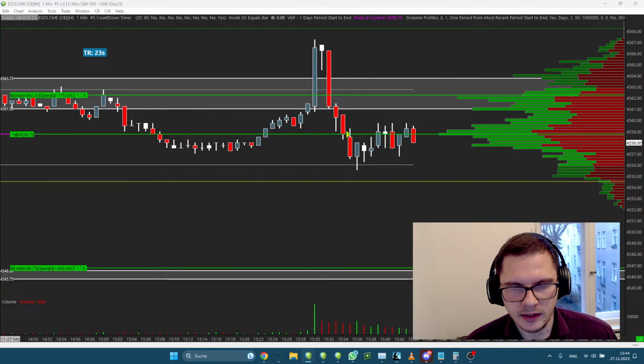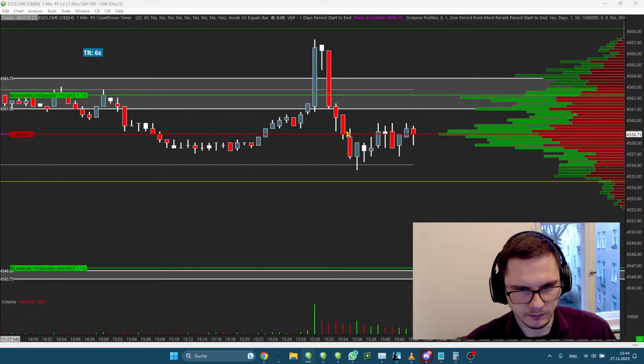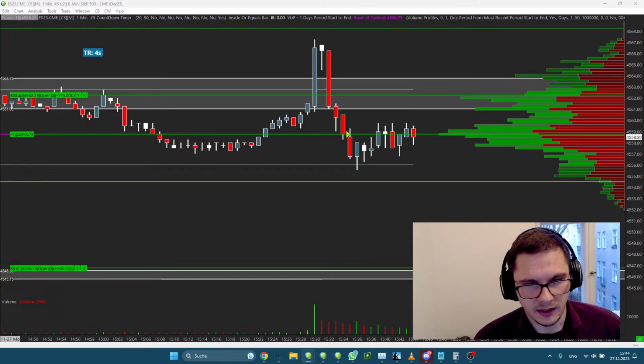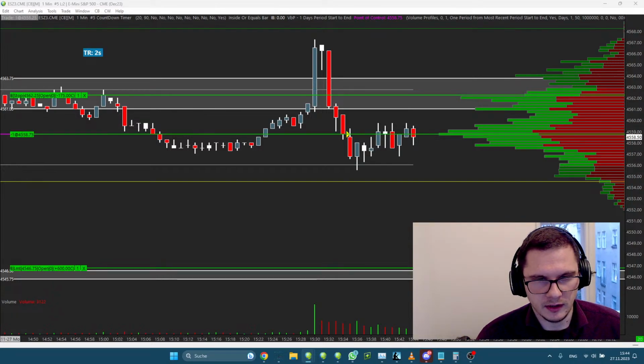Let's see, what is it? This is 45, 46.50. Usually I like to have a 5-tick difference to the next zone that I have drawn. So it's gotta be like 2.5 points, which is like 40. Oh, wait, no, I just made the wrong calculation. It's 49, right? So it's gotta be here somewhere.